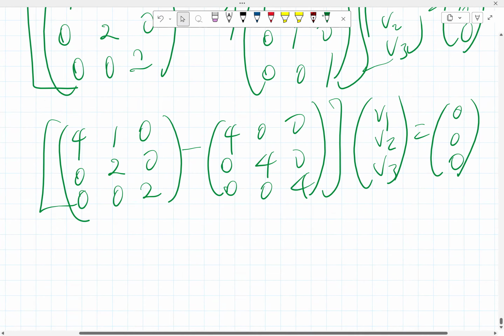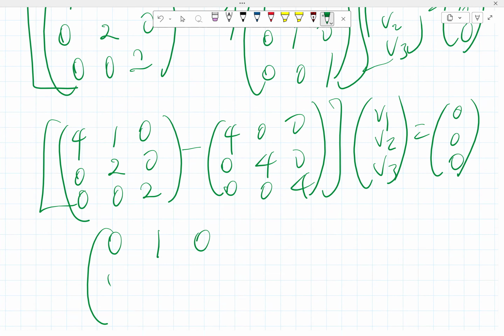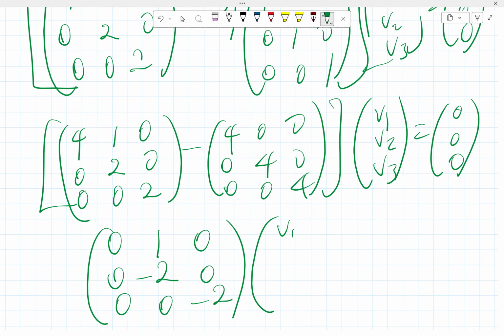So we tidy that up further. 4 minus 4 is 0. 1 minus 0 is 1. 0 minus 0 is 0. 2 minus 4 is minus 2. Then 0, 0, 0 and 2 minus 4 is minus 2. And that is into v1, v2, v3 equals 0, 0, 0.